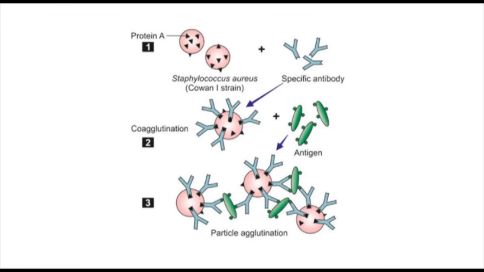The most widely used bacteria is heat-killed Staphylococcus aureus, which has an outer covering of a protein called protein A. Protein A has affinity for the Fc region of antibodies and therefore adsorbs antibodies by protruding out the antigen binding sites. When test samples containing antigens are added to such bacterial particles with bound antibodies, agglutination occurs.